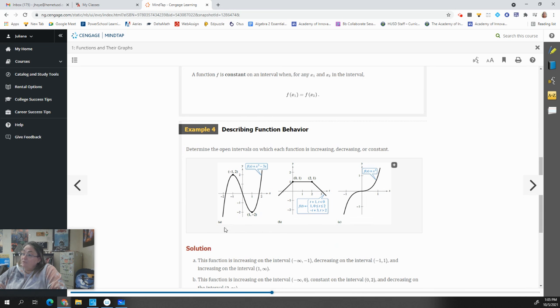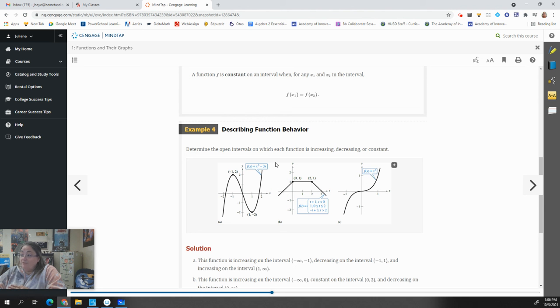The function is increasing on the interval from -infinity to -1. We're just assuming these are going on forever at the end. It's including that -1. From -1 to 1, it's decreasing, and then from 1 to infinity, it's increasing.